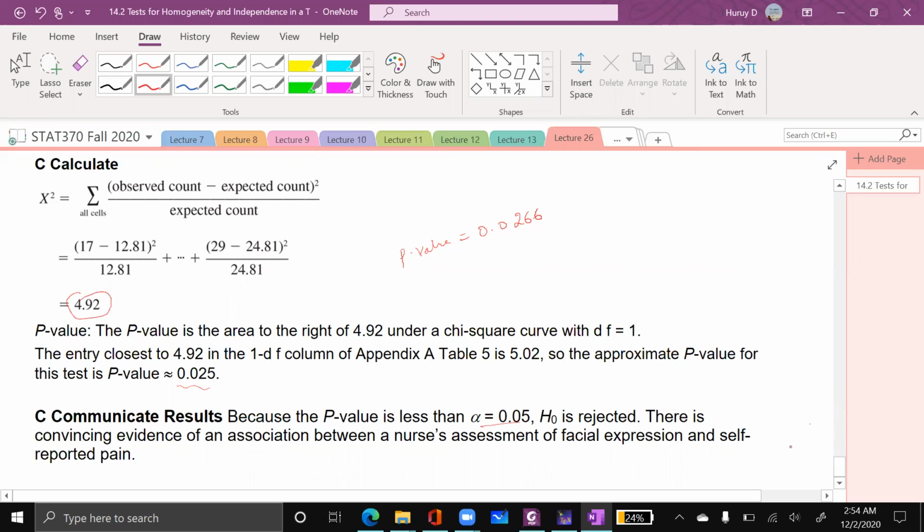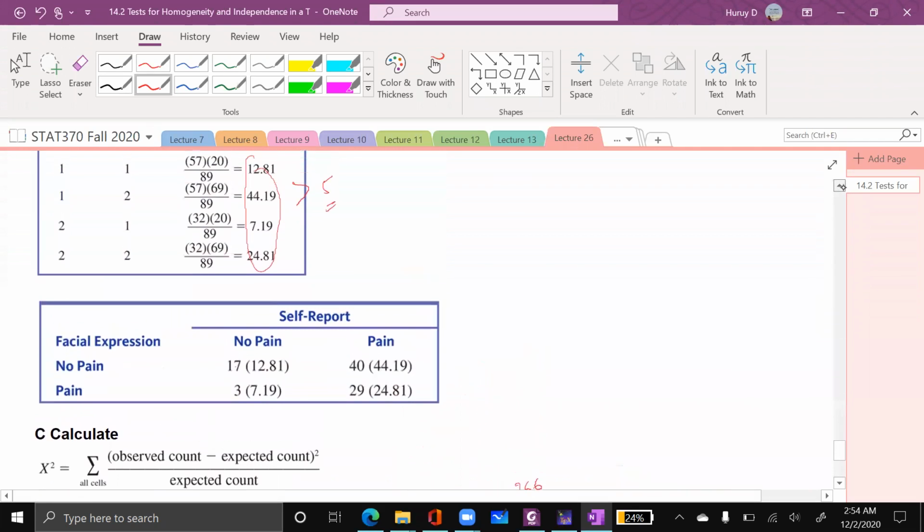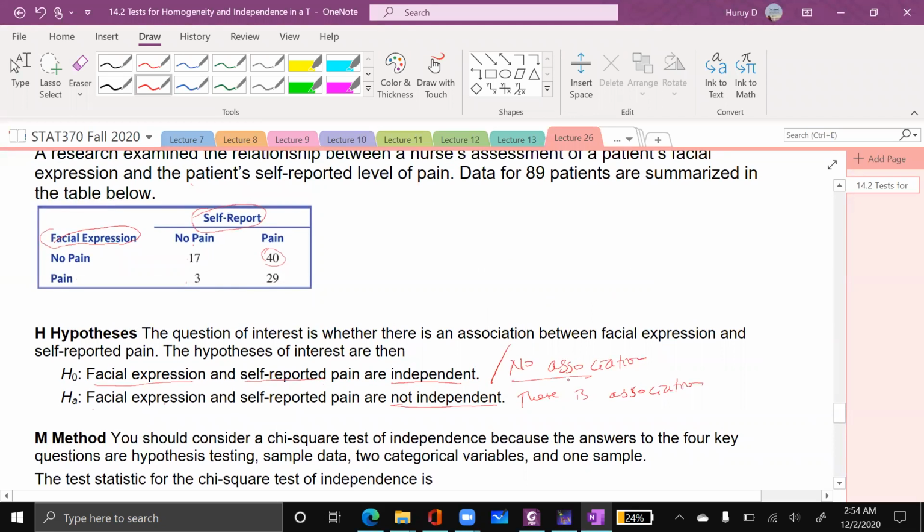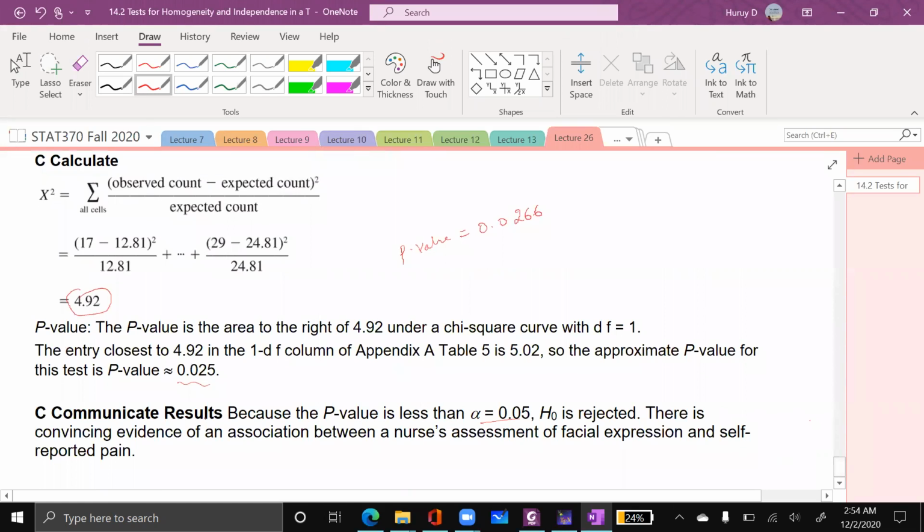If you reject H0, which was that there is no association, or that they are independent, it means there is association, or the two variables, facial expression and self-reported pain, are not independent. So here we can say there is convincing evidence of an association between a nurse's assessment of facial expression and self-reported pain.